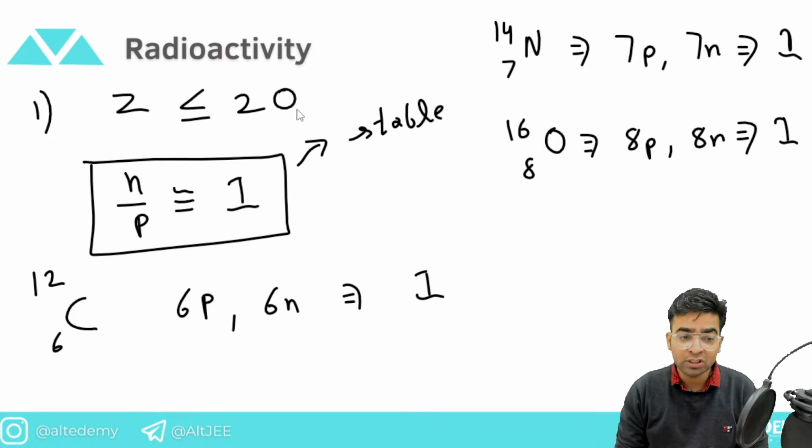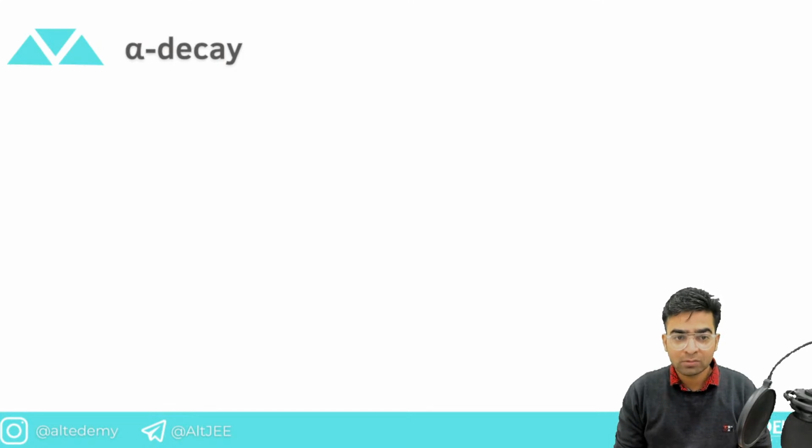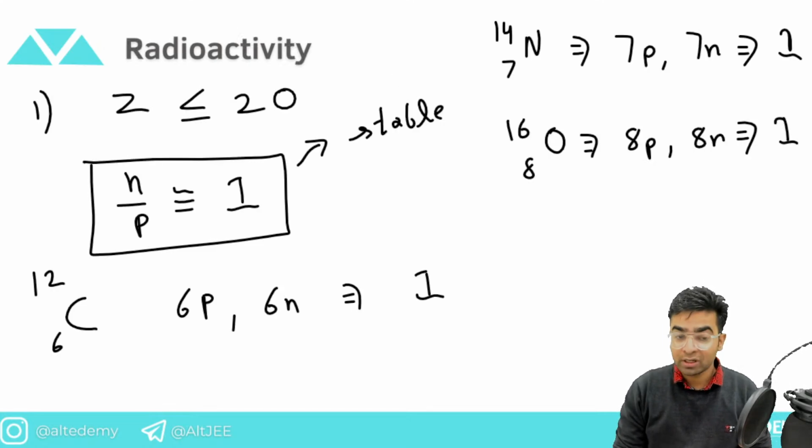Okay, this is for when Z is lower than 20. I am erasing all of this, so make sure you have written it.